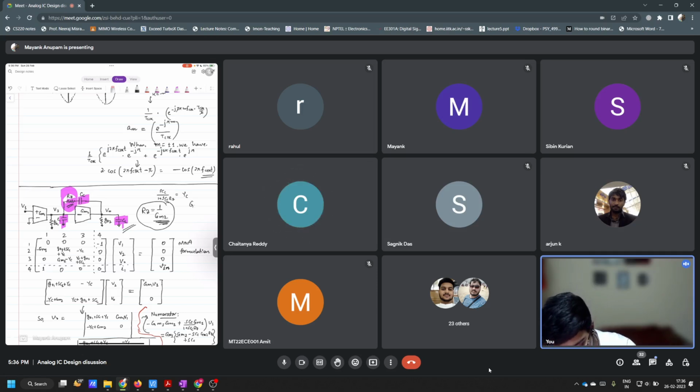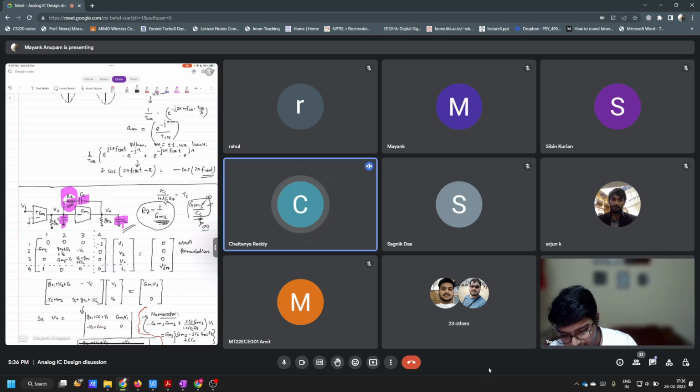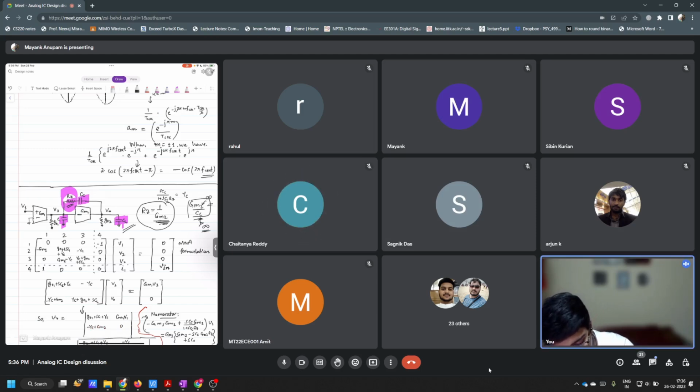Now what was the zero location? GM2 by CC, right? If we make GM2 infinitely large, then this zero will appear at infinity, right? But let's say this zero was not at infinity but at some finite frequency, but still GM2 was very large. Then again, the zero will be at a very large frequency, right?